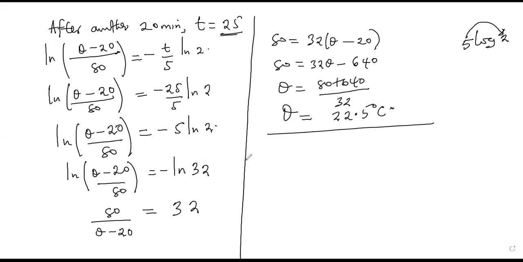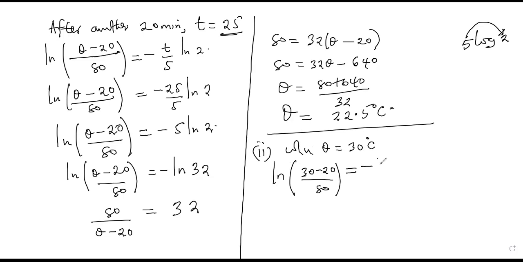Thank you, teacher. Okay, then Roman 2, they want us to find how long it takes for the body to cool to 30. They need time when theta is 30. So they have given us theta at 30 degrees Celsius, but they need time. So we shall substitute in ln((30 minus 20)/80) is equal to negative t over 5, ln 2.